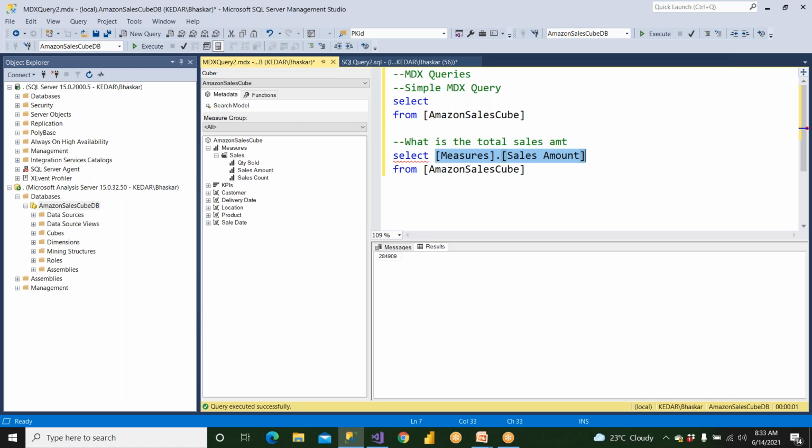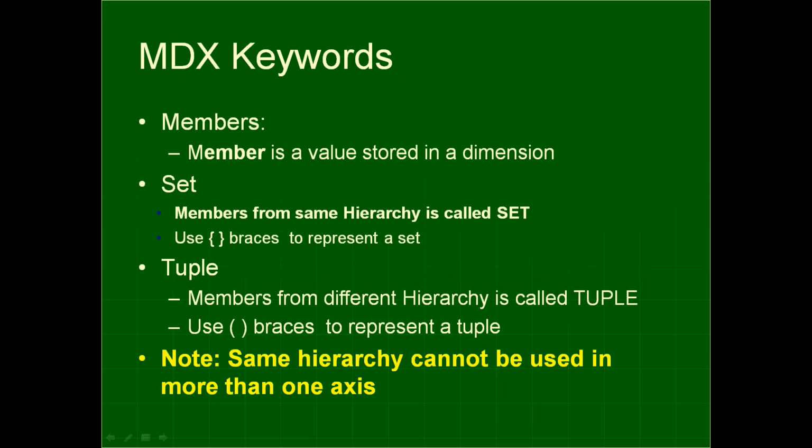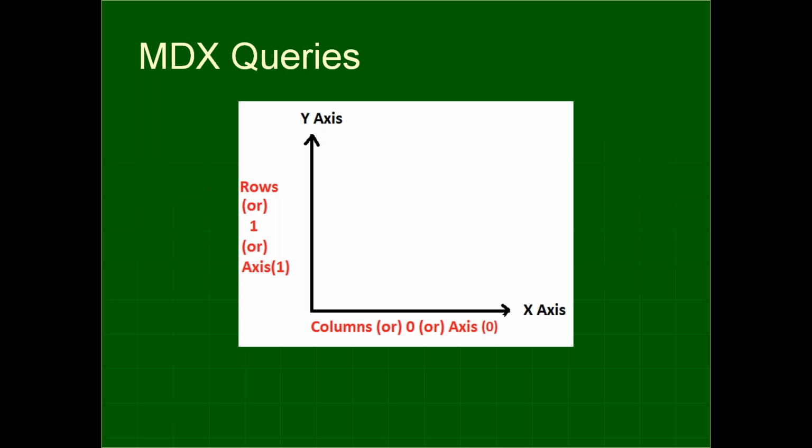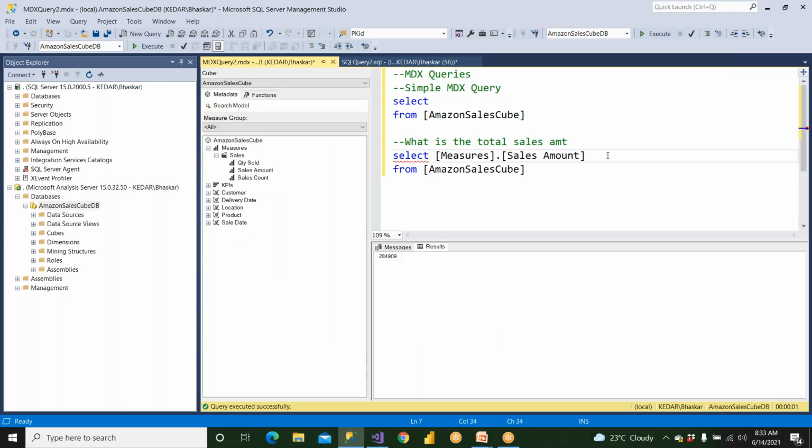But you have to tell clearly where you want to display it, either on the x-axis or the y-axis. I want to display it on columns, so you have to say on columns. And you must execute the query like this. This will give you the total sales amount. This is the MDX query.